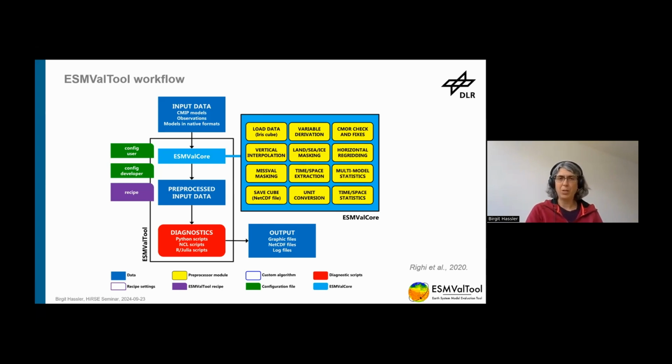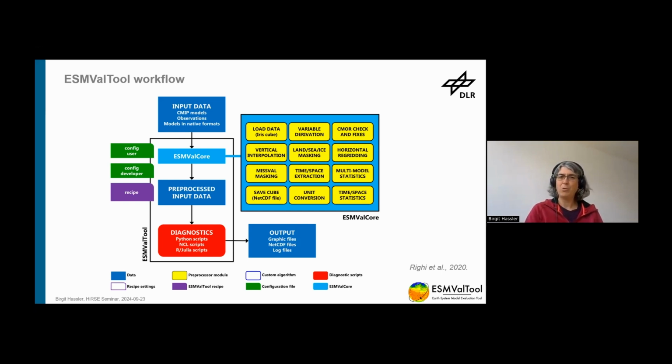For example, we could have different regridding schemes. We could mask land, sea, ice. We could have time or space extractions. We can mask missing values. We can vertically interpolate. These pre-processing functions that are the main part of ESMValCore are very important when you think about a multi-model intercomparison.